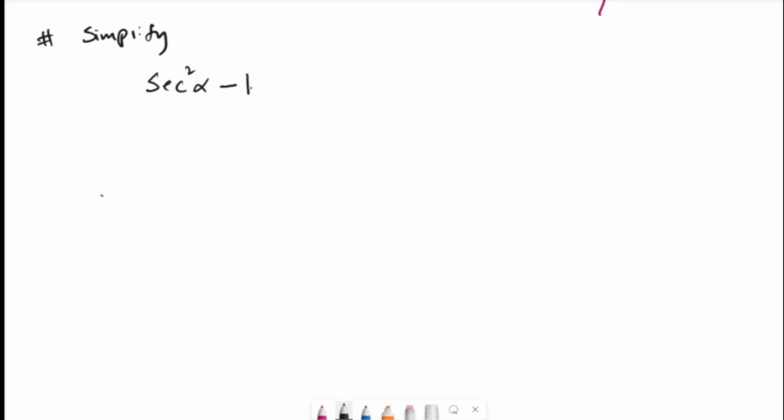Secant square beta minus 1 times cosecant square beta minus 1. It's telling you to simplify this.